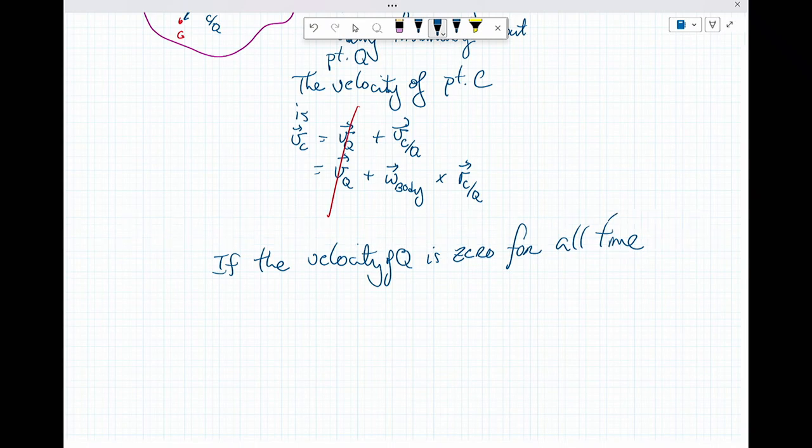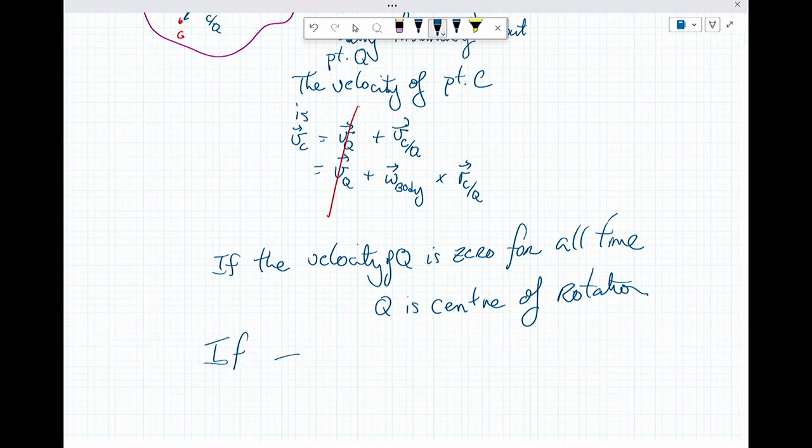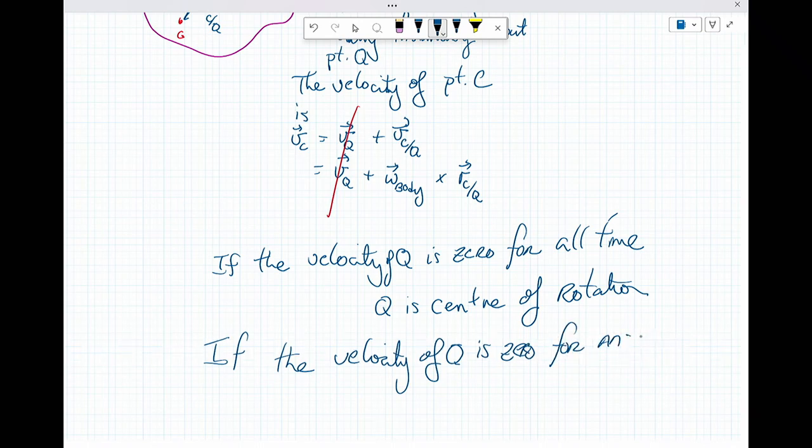If the velocity of q is 0 for all time, q is the center of rotation. If the velocity of q is 0 for an instant, then it's an instantaneous center of zero velocity.